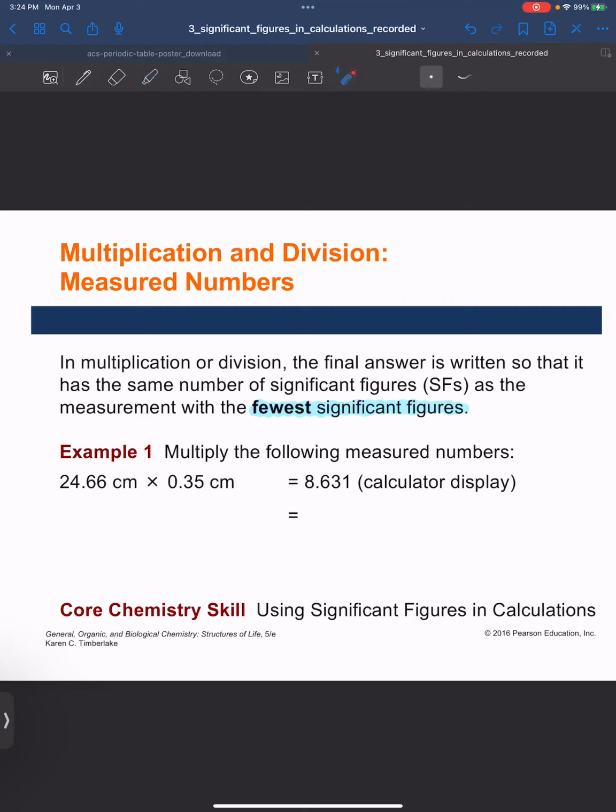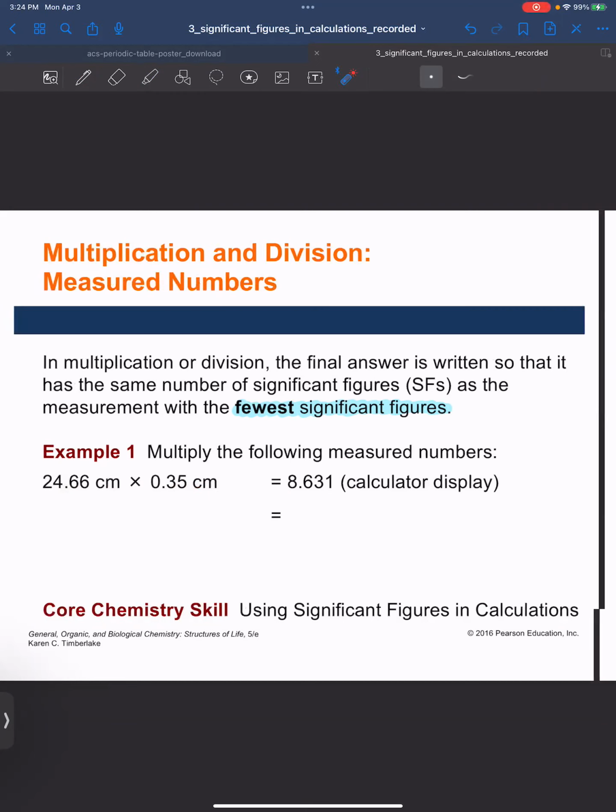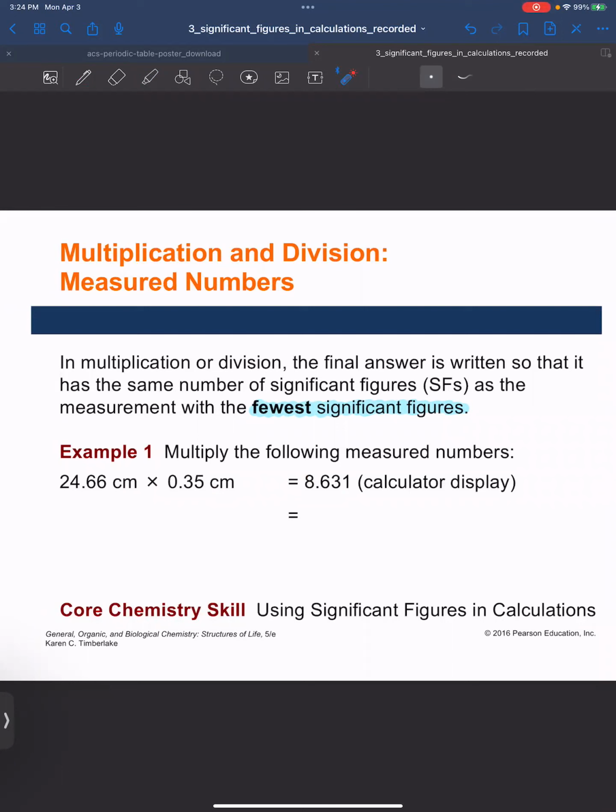So for example, if I were to calculate 24.66 centimeters times 0.35 centimeters, that would give me 8.631 on my calculator. But because this is multiplication, I need to report it to the fewest number of significant figures.